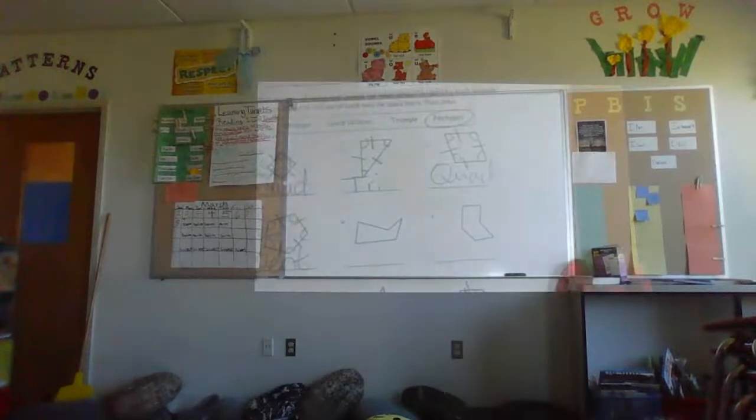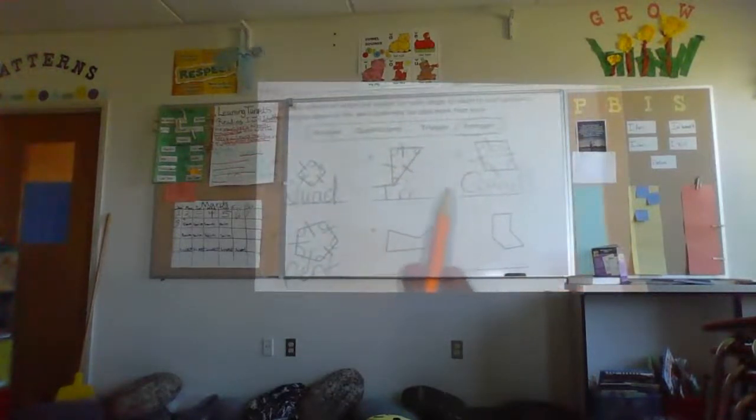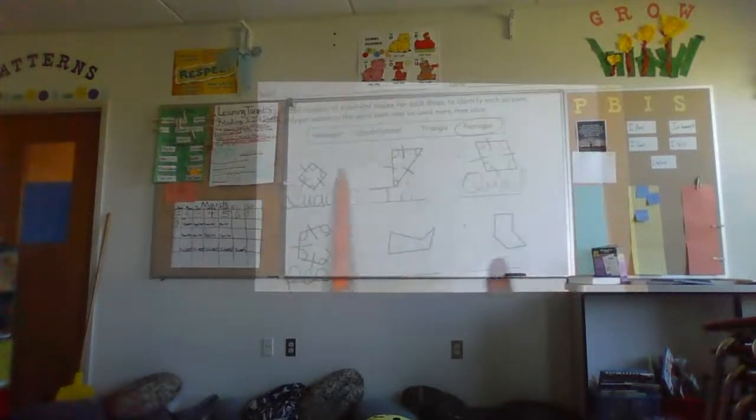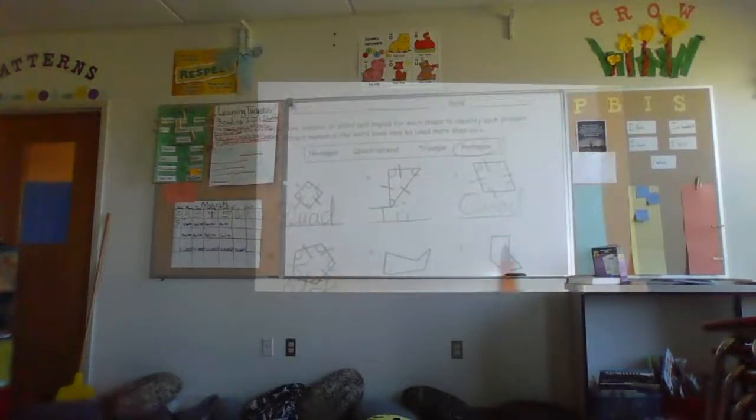You'll have problems where you, and we talked about this a little in that last video, classify shapes by how many sides or angles or corners they have. So this math worksheet is having you classify shapes and put them in shape categories.